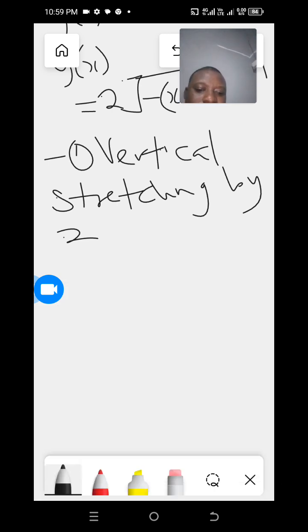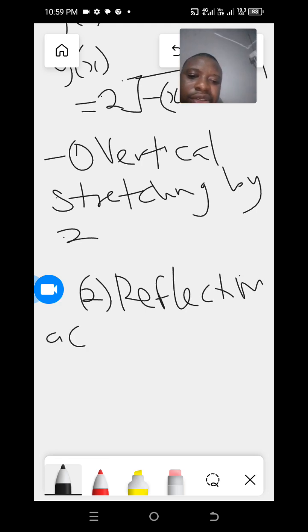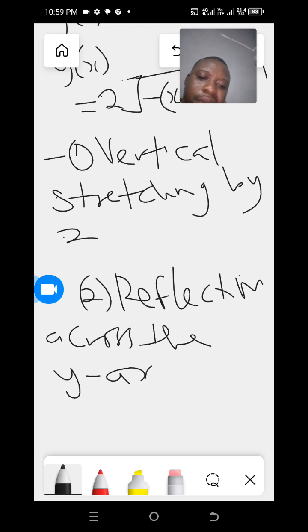The second transformation that occurs is reflection. Because of the negative, it is reflection across the y-axis.